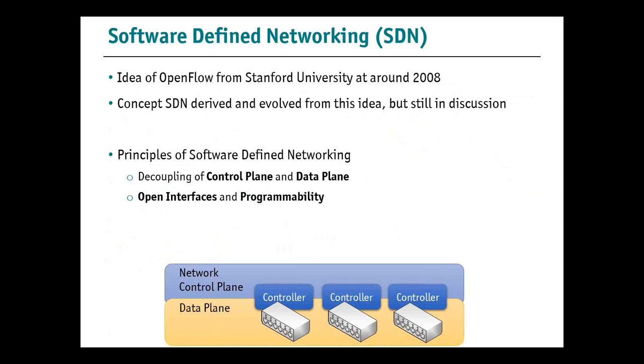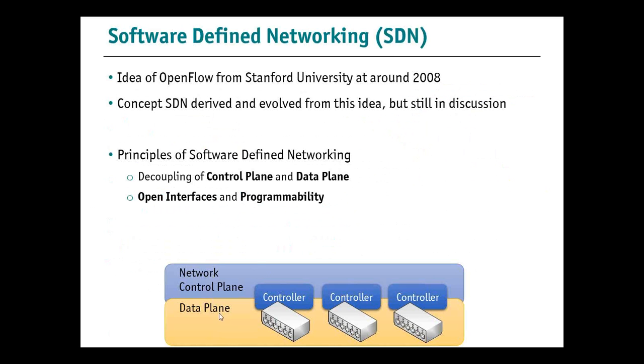SDN itself comprises several main principles, so some of these are noted down here, as you can see. So, for example, at the first principle, we have this physical separation of the control plane and the data plane.